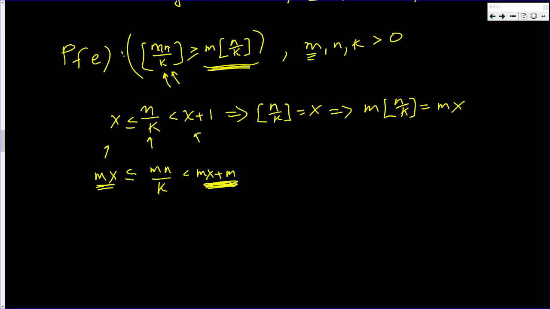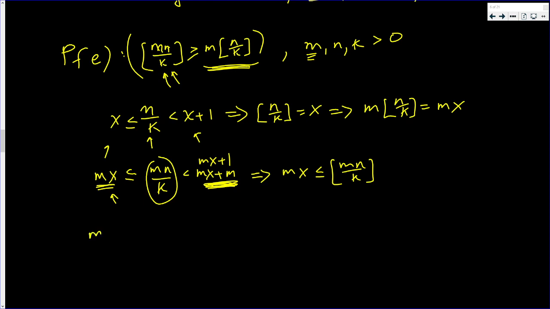This is not just one more. It might be 2 more or 22 more. So all I can say now is that mx is less than or equal to the greatest integer of m over k. Again, if this would have been mx plus 1, then I guarantee you that the greatest integer of that will equal mx.